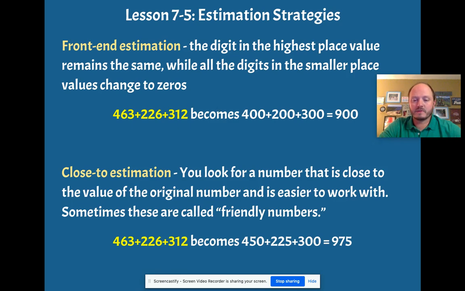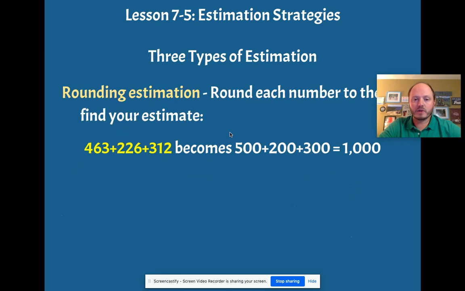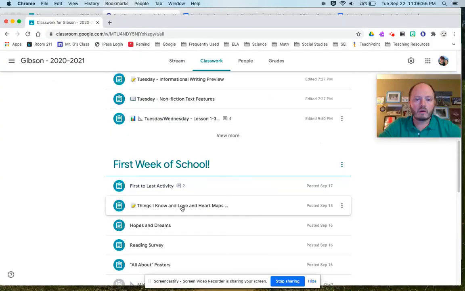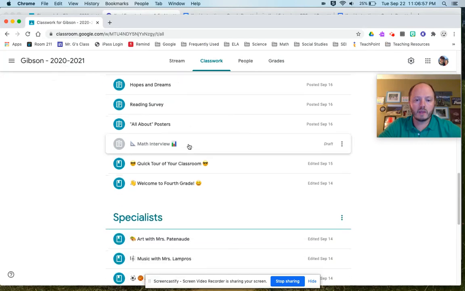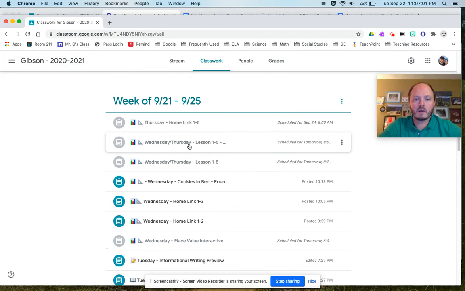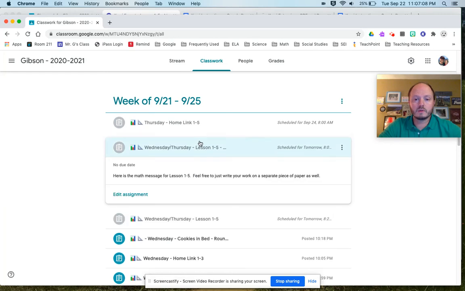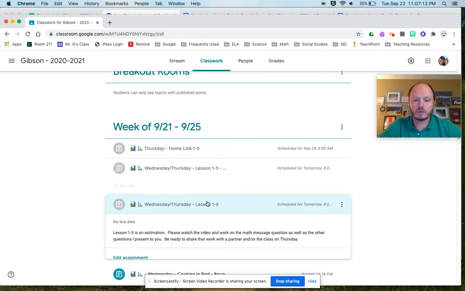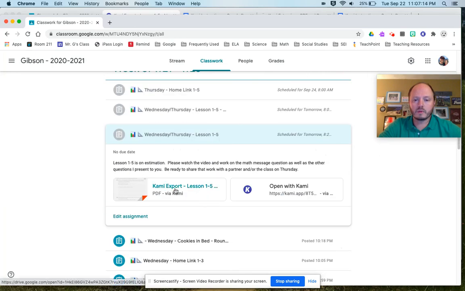All right, so I am going to share with you also our journal page, and we are going to be working on these journal pages with partners on Thursday. So I do not want you to do too much on that journal page until you're working with the partner.